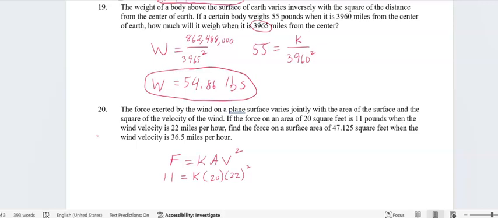So let's go to our calculator, and we're going to do 11 divided by 20 times 22 squared. And you're looking at your calculator, and just so you can make sure you match up, 0.0011363636.